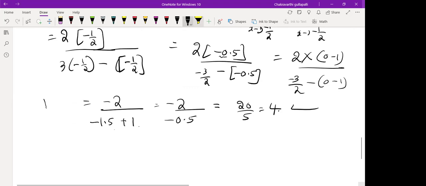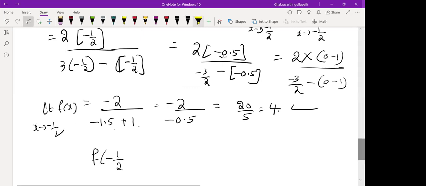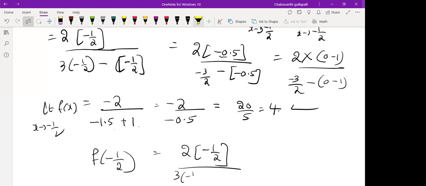And the limit of f(x) is equal to 4. Now, when is it continuous? Provided it is equal to f of minus 1 by 2. How to find out? 2 into box of minus 1 by 2; replace wherever x is there by minus 1 by 2. We will get the same answer, because this is what we got here. We directly replace x by this and get the same answer.